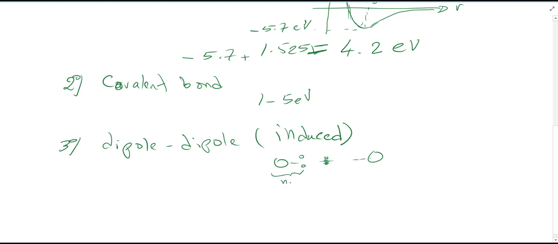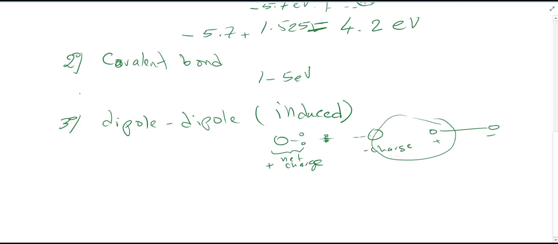So there is a net charge on one side, and a lack thereof, a negative charge, on the other side. So this is positive and the other one is negative. Now you have an electrical dipole, which will induce another dipole in the next nearest neighbor, and that, in a sense, is what is responsible for the so-called van der Waals interaction. So this is the van der Waals bond, and let me write the name in here.